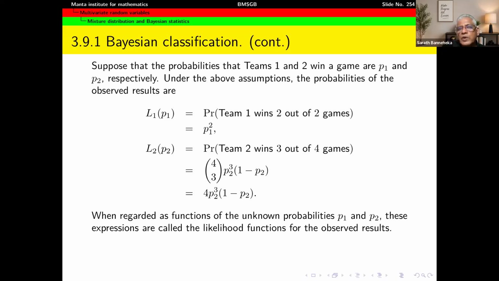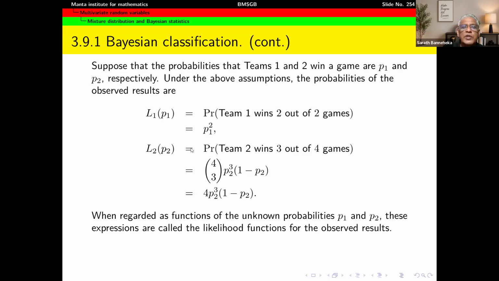You look at the value of P1 that gives you the maximum likelihood of an event like what we have already observed. We look at this function as a function of P1 and find the value of P1 that gives the maximum likelihood of what has been observed. Similarly, you can find the value of P2 where this function has its maximum.